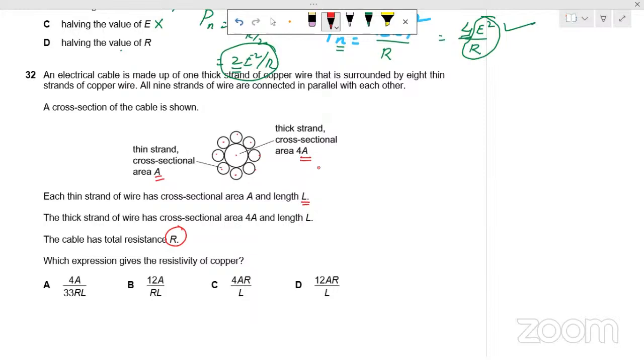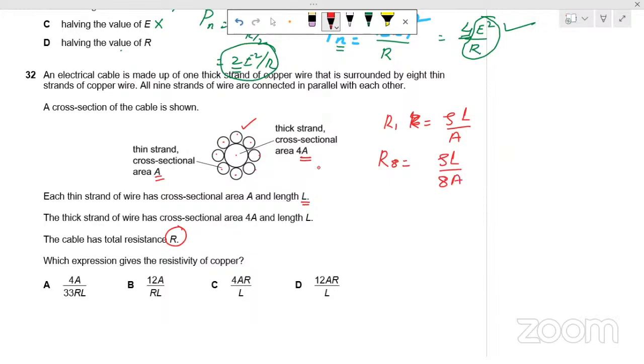So the total resistance will be equal to, what's the resistance of a single thin wire? That is rho L divided by A. Let me call it R1. There are 8 wires connected in parallel, so the resistance of these 8 small wires will be rho L divided by 8A.